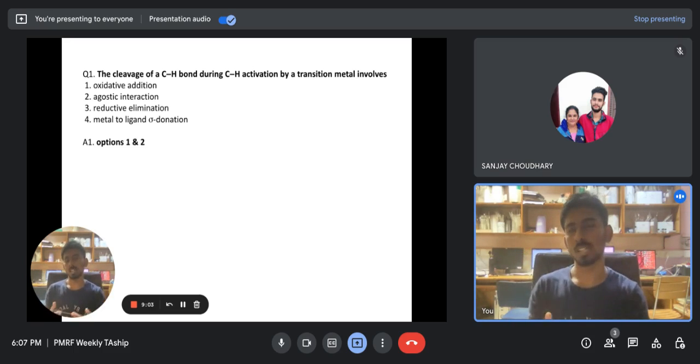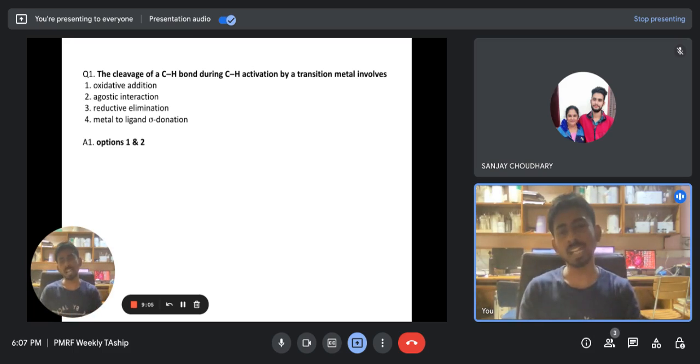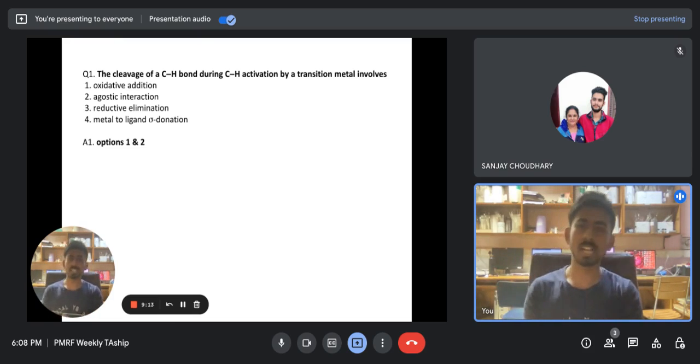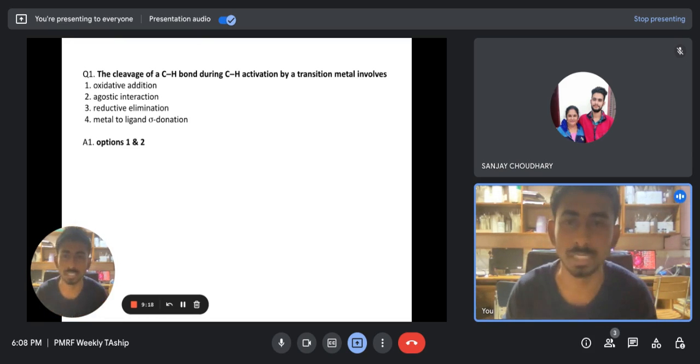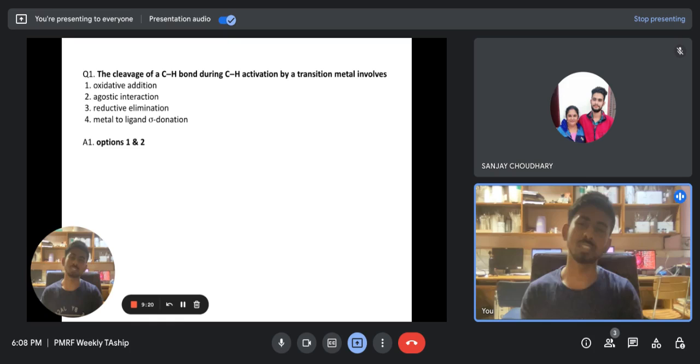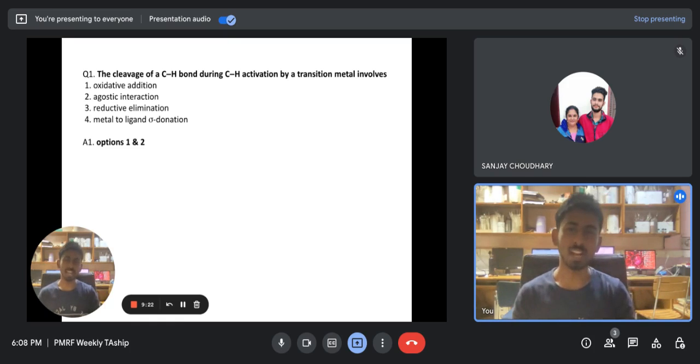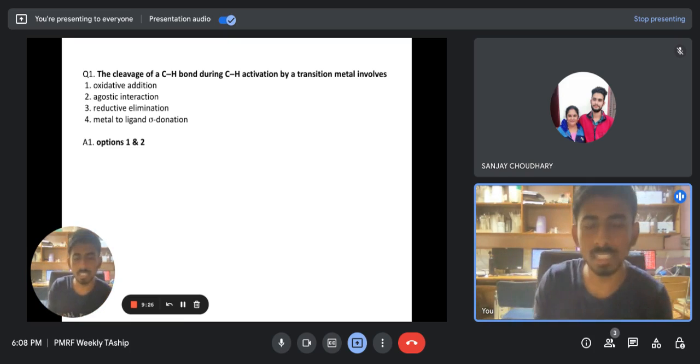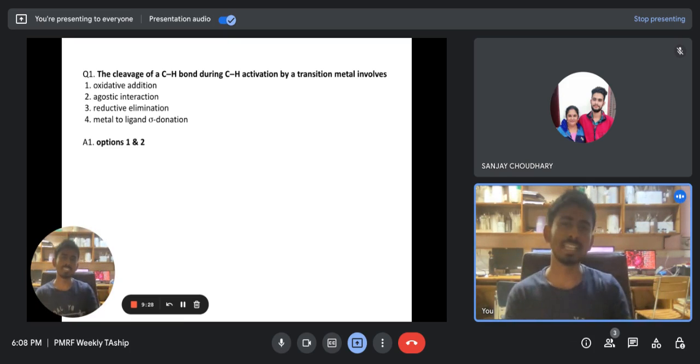If a transition metal is in the state +x, by oxidative addition it will go to +x+2. So oxidative addition and reductive elimination are two opposite things. The correct options are oxidative addition and the agostic interaction, which are mainly involved in the activation of the C-H bond by a transition metal.